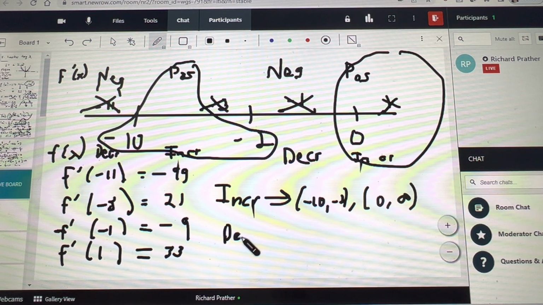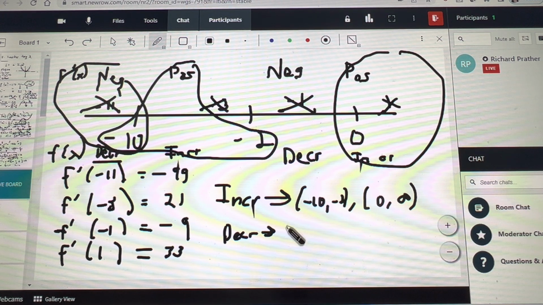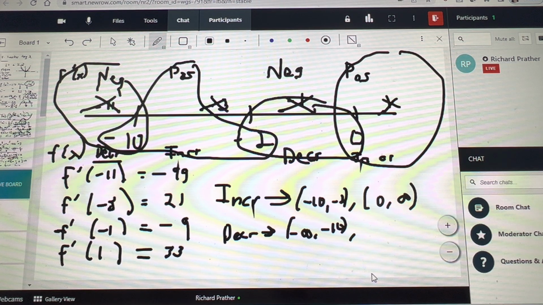And that means I'm decreasing in the other two sections from negative infinity till negative 10. And then again, between these two critical numbers, negative 2 and 0, it's decreasing.